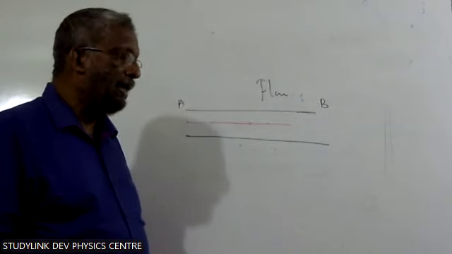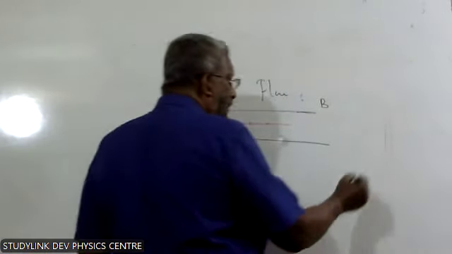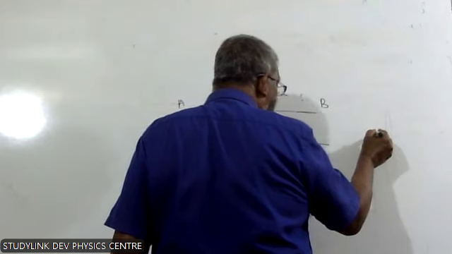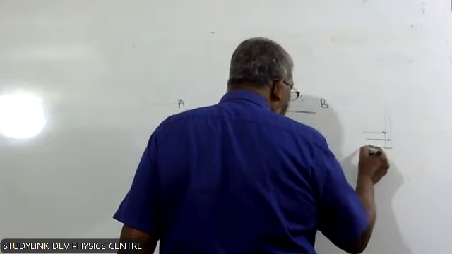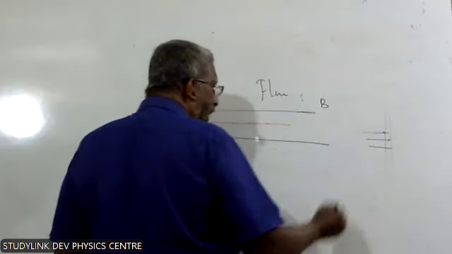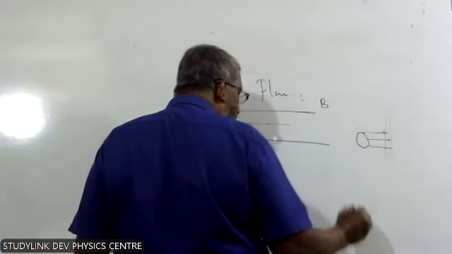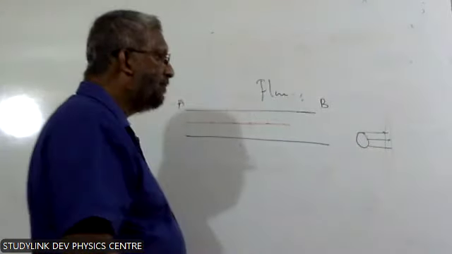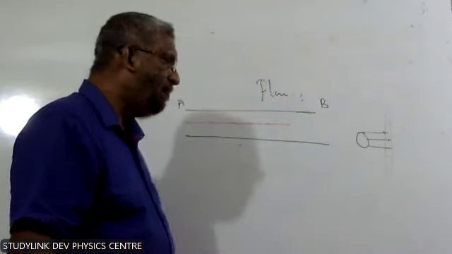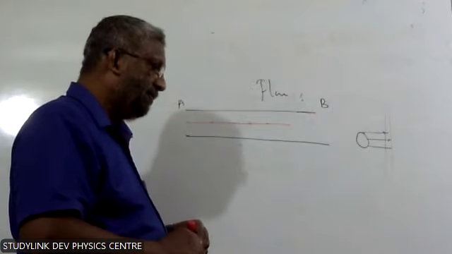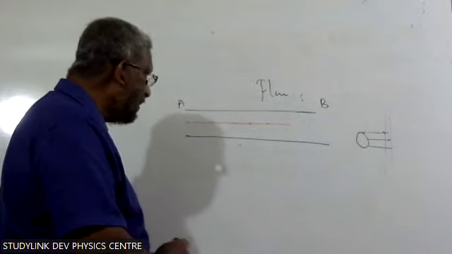When we connect the streamlines having the same velocity, they give the shape of a tube again. Now don't write down, consider like this.